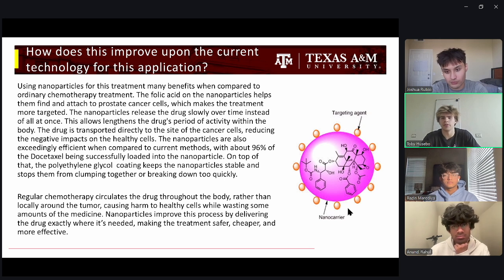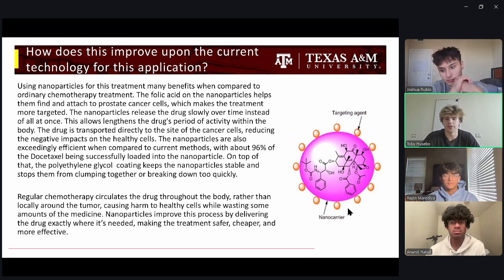The nanoparticles are also exceedingly efficient compared to the current method, with about 96% of the docetaxel being successfully loaded into the nanoparticle. On top of this, the polyethylene glycol coating keeps the nanoparticles stable and stops them from clumping together or breaking down too quickly.